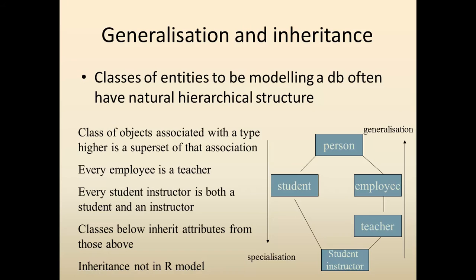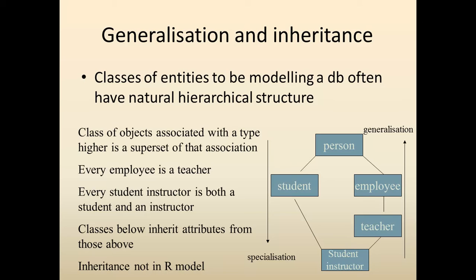Now come to generalization and inheritance. The classes of entities to be modeled in a database often have a natural hierarchical structure. The class of objects associated with a type higher up is a superset of that association. Every employee is a teacher, and every student instructor is both a student and an instructor.